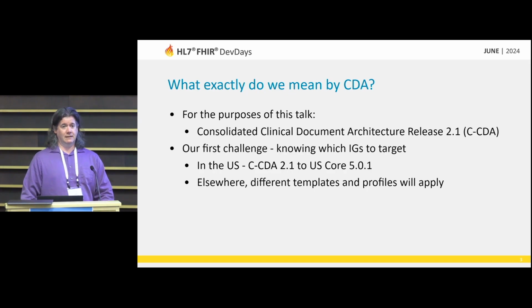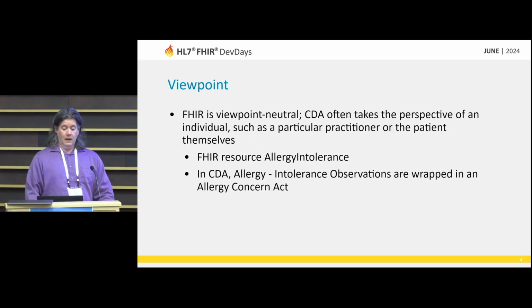In other cases, they can be quite large. For instance, in US Core, they have a very specific profile for representing blood pressure, vital signs observations that needs to be conformed to, and which is quite different from what other types of observations might look like. And of course, that only applies in the US. It doesn't apply necessarily to any other implementation guide out there.